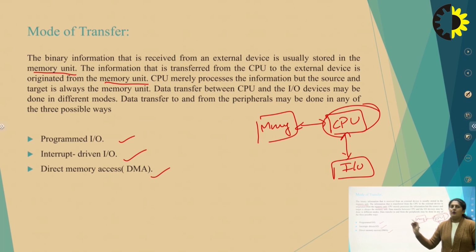So in programmed input-output and interrupt-driven, the CPU is the intermediate part, but in DMA, direct memory access, as the name itself says, the input-output device and memory directly communicate with each other without the involvement of the CPU. Let us discuss briefly how they work.